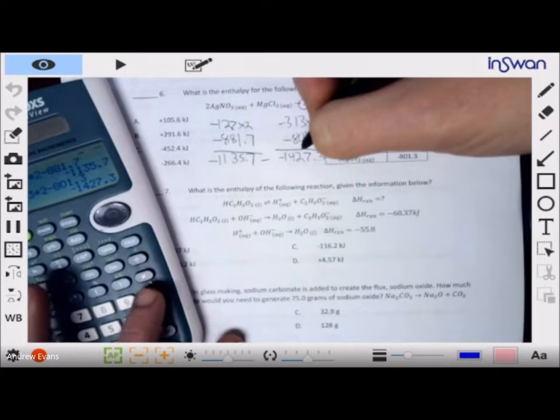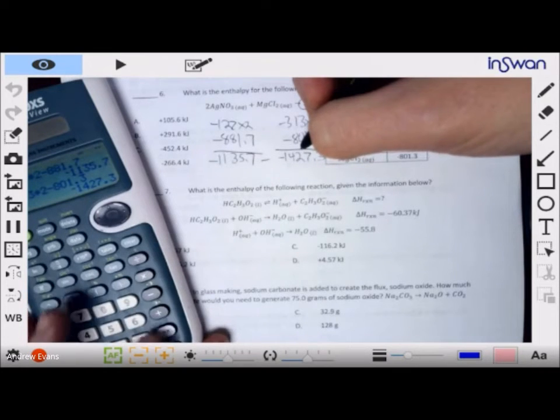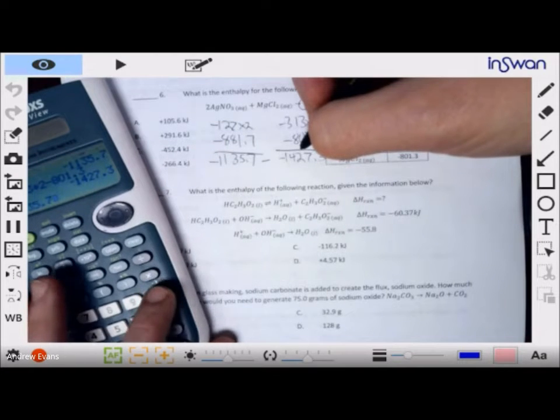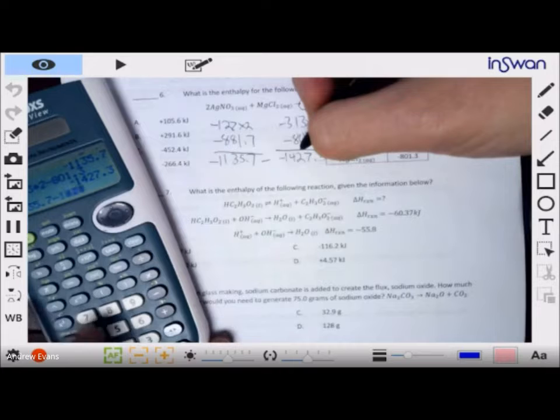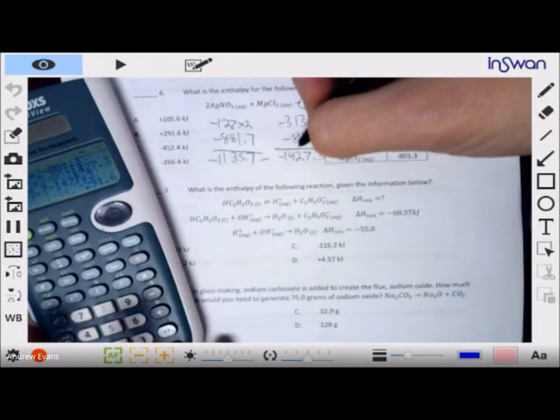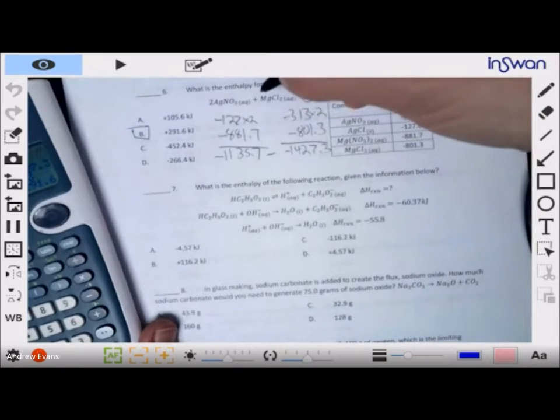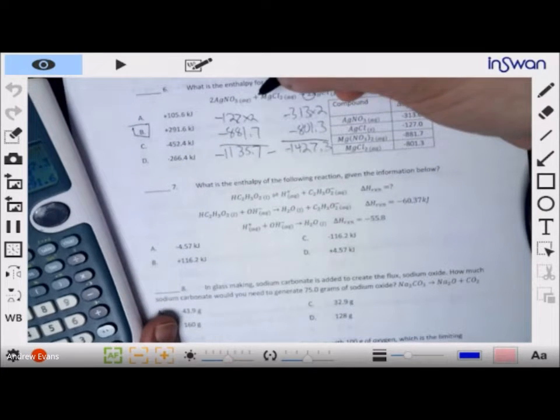So negative 1135.7 minus negative 1427.3. You get a positive 291.6, or B. 291.6, or answer B.